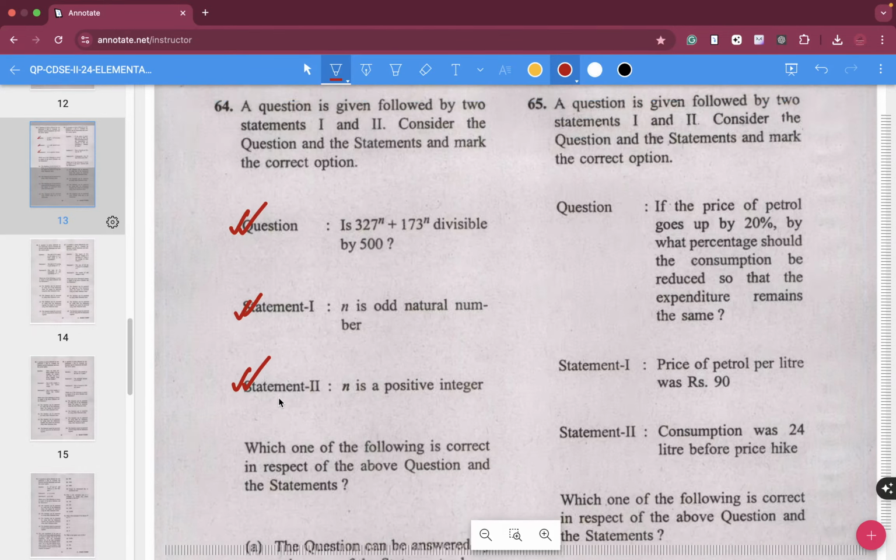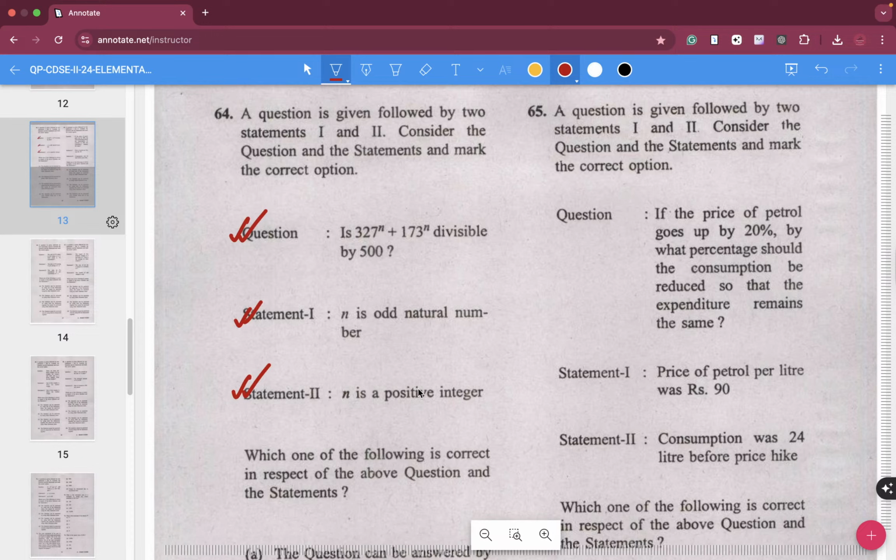Now if the value of n is an odd natural number, say n is equal to 1, in that case 327 plus 173 gives you 500 only, and this number 500 is divisible by 500.